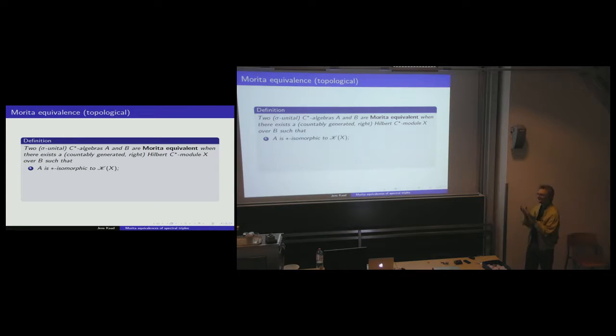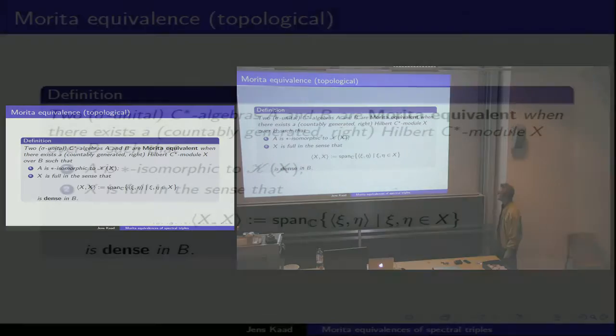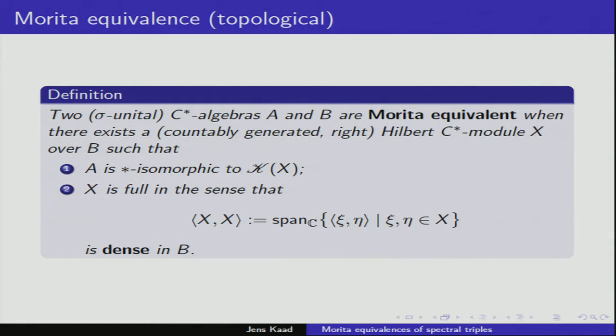It means that being compact, they are norm limits of finite rank operators, where finite rank is defined in terms of the inner product and the module action. So they're really not compact in the sense of Banach spaces, even though X is a Banach space, but it's a different concept. Okay, so the first condition is that A is isomorphic to this C-star algebra of compact operators. The second one is that X is full, but now it's a C-star module.